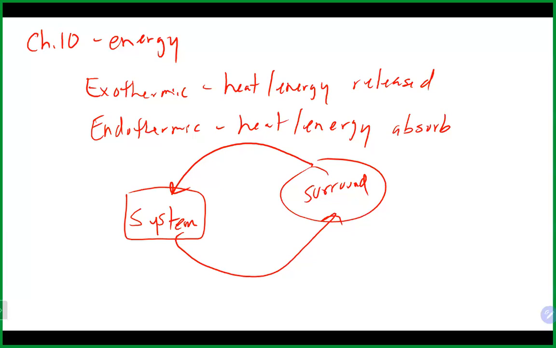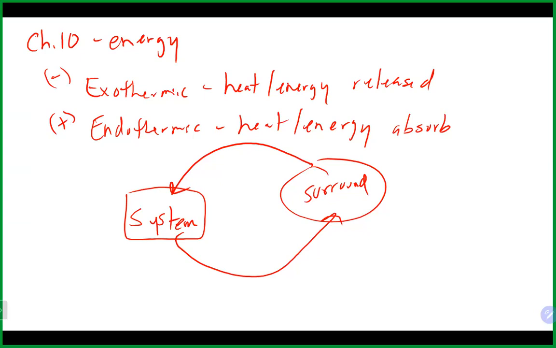It is the same amount in the sense of the numerical value, but it will be different in terms of the signs that we associate with exothermic and endothermic. Exothermic energy values, as we talked about last time, are typically negative, while endothermic values are typically positive.